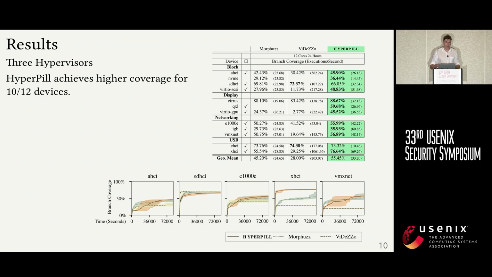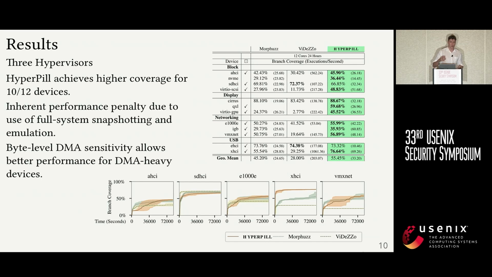And we compared HyperPill to other state-of-the-art approaches on a coverage benchmark over QEMU, which is kind of a standard for comparing coverage. And HyperPill achieves higher coverage than previous approaches, including our own, for 10 out of 12 devices. And this was surprising because, first of all, HyperPill has an inherent performance penalty because it's running in full snapshot emulation mode.